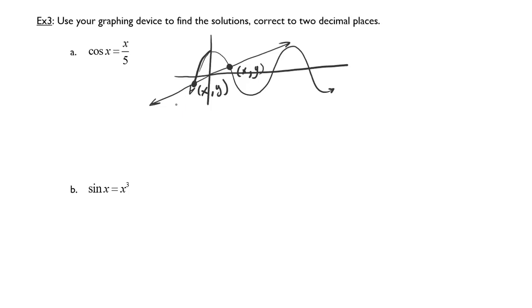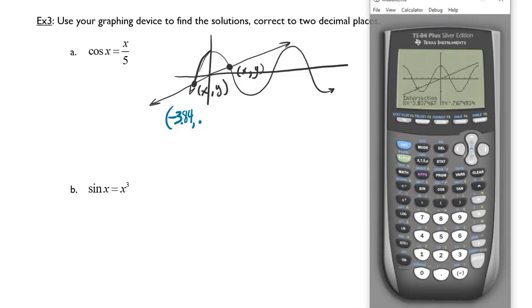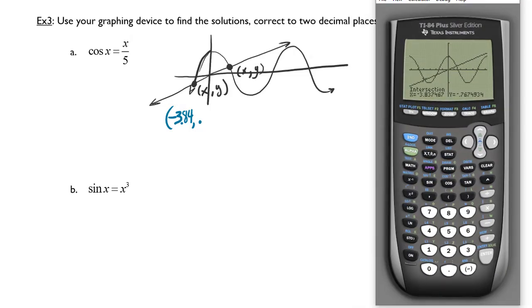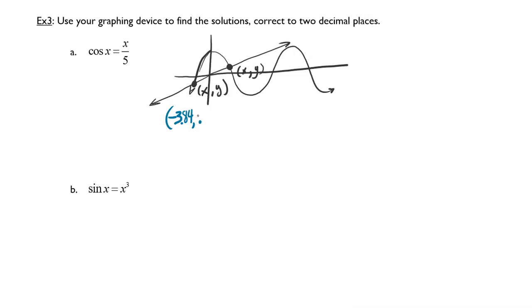The first solution to the 2 is at negative 3.84, comma, negative 0.77.